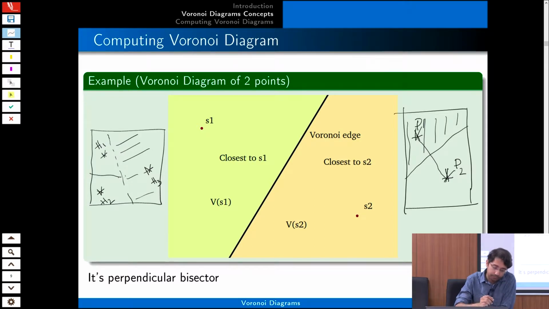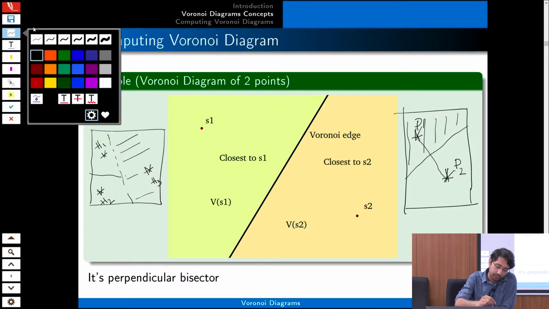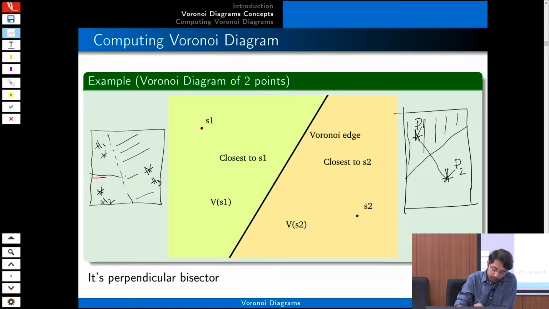Clear? So, this is my Voronoi region corresponding to H2. Right. Now, for the rest of the points, how do we find the regions for H1 and H3?